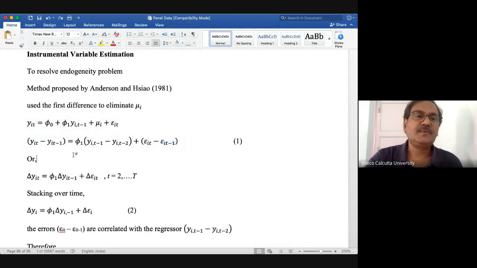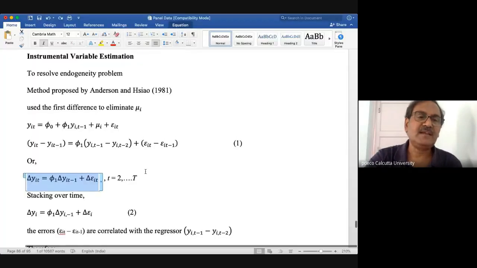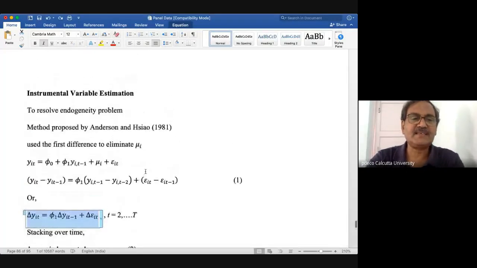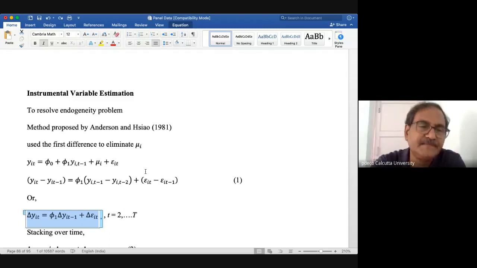So write this model in this form: delta yit is equal to phi 1 delta yit minus 1 plus epsilon it. Now here, substitute different values of t here, keeping i intact. So what would be the left hand side?